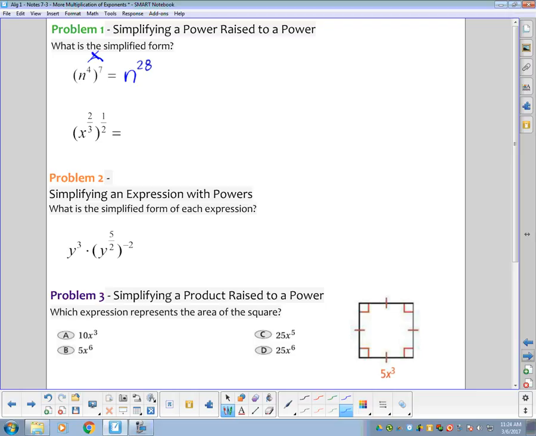What do I still do with fractions? The rule, I still multiply. 2 times 1 on the top, 2 times 3 on the bottom, and let's reduce it. 1 over 3.